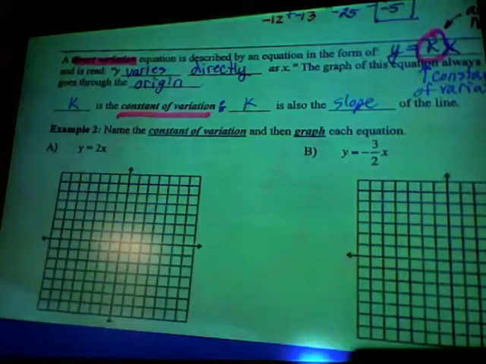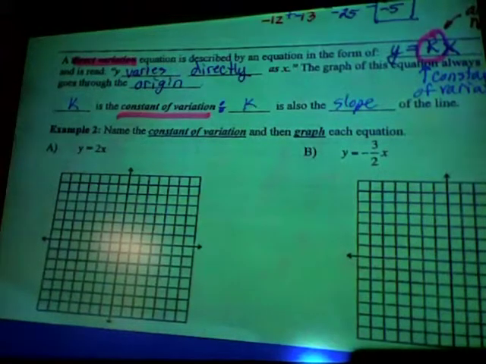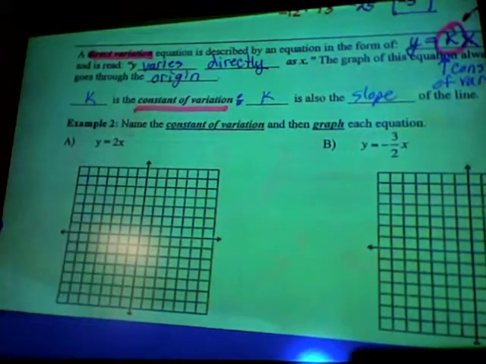All right, so in example 2, you're going to be asked to name the constant of variation. It's really simple, especially if the equation is solved for y. And then you get to graph each equation. So let's look at A. What is the constant of variation? What is k equal to? 2.